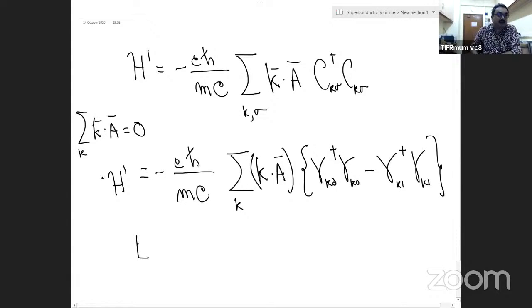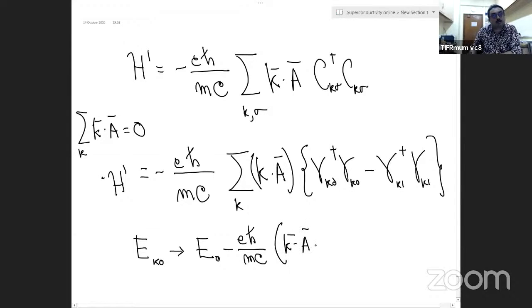Which means that if the energy originally was 0 for both the 0 and 1 kind of quasiparticle, now the 0 kind has decreased its energy by eħ/mc k·A, and the 1 kind has increased its energy. So this is very much like Zeeman splitting if you want.